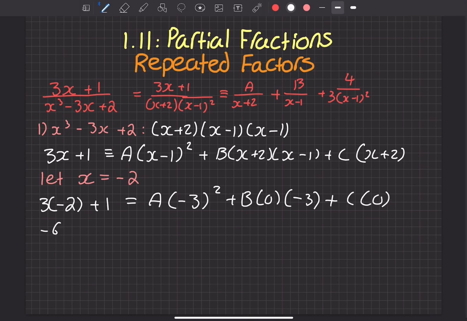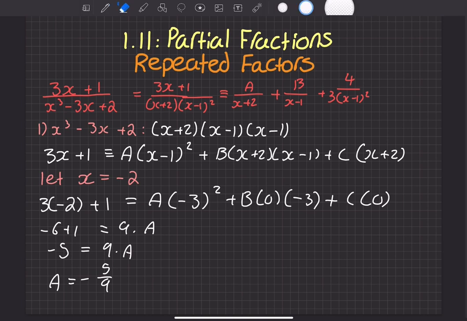So what we have is minus 6 plus 1 equals a multiplied by minus 3 squared, which would be 9 anyways, right? So 9 times a. And we just simplify, so this becomes minus 5 equals 9 times a, and a equals minus 5 over 9, right? A equals minus 5 over 9. And we can just put this up here. So this here is a 5, this is a minus, and we put a 9 before.